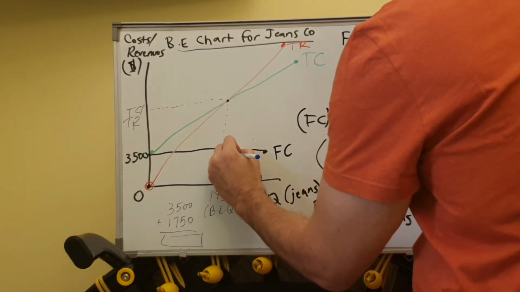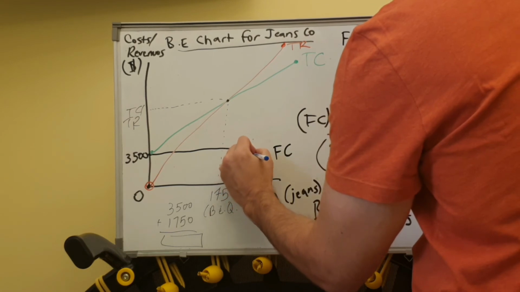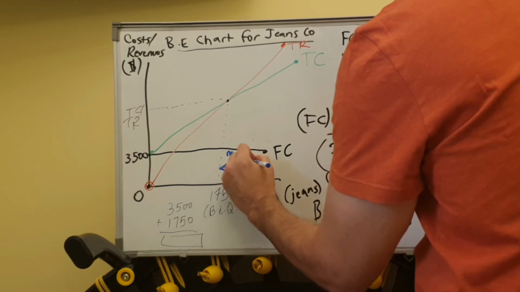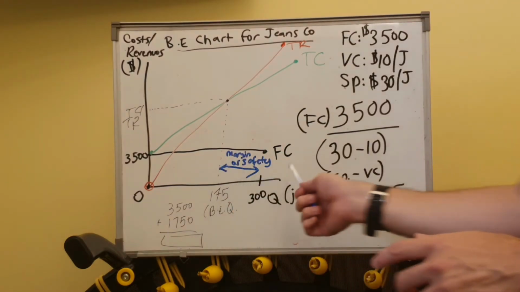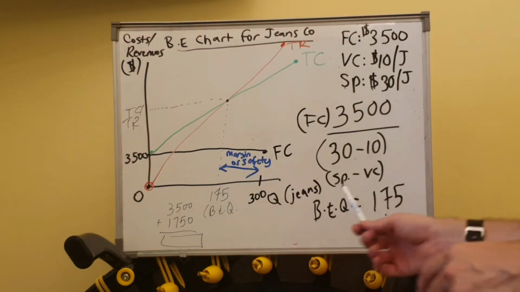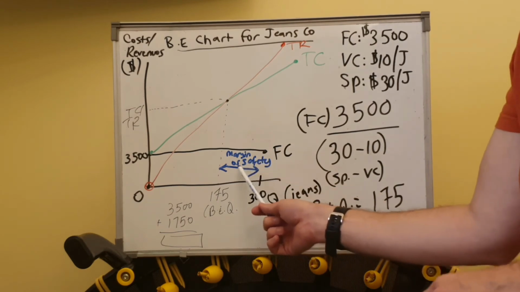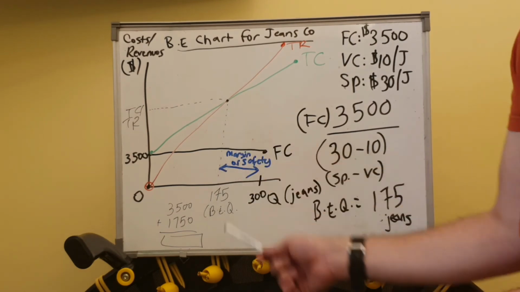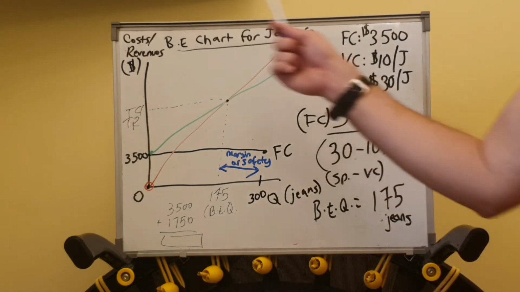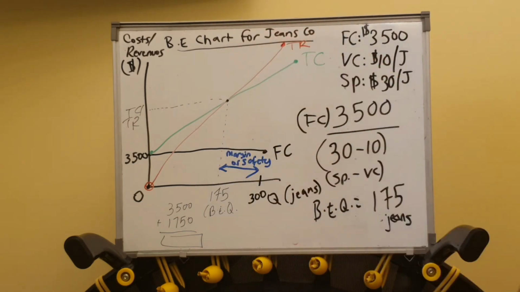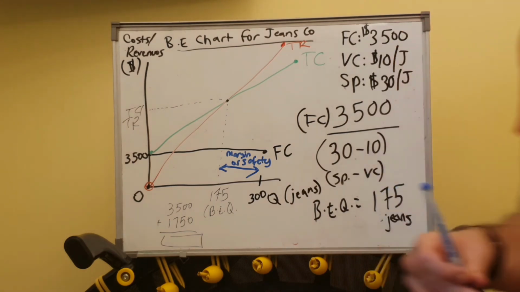So you would label that margin of safety. As long as you're past this point here, you're safe, aren't you? You're going to be making a profit. So even if you decrease your quantities sold, you're still in the safe zone because you're above your break-even point. So those are all the main things that need to be documented in a break-even chart.